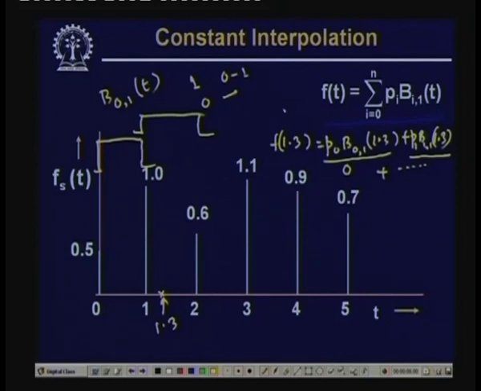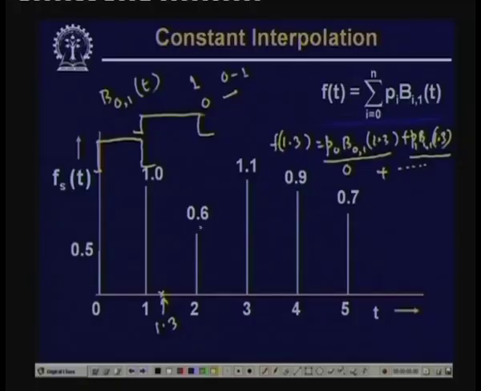Similarly, for values of t less than 1, the value of b 1 1 t is also equal to 0. Similarly, p 2 b 2 1, that value is 1 within the range 2 to 3. So, within this range b 2 1 t is equal to 1, and beyond this b 2 1 equal to 0.